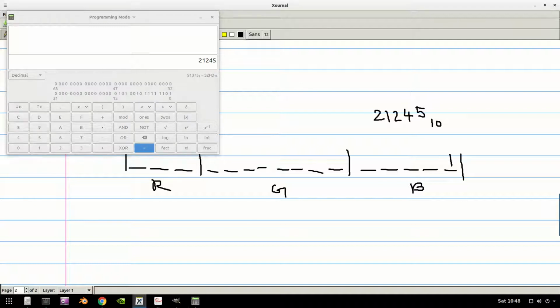We have 1, 0. How many ones? 1, 2, 3, 4, 5, 6.